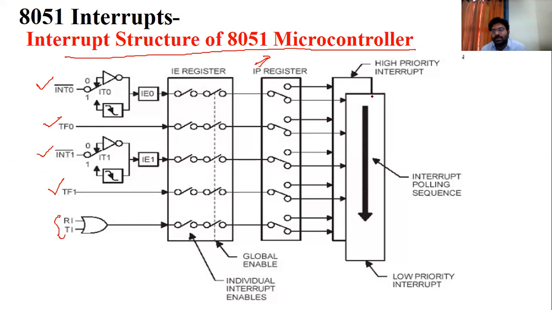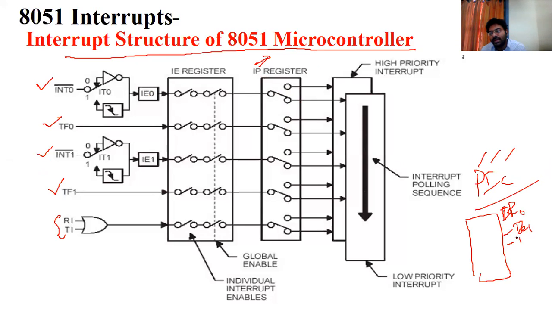Like the PIC controller, you know that PIC controller, the programmable interrupt controller. You have 8 interrupts. IR0 is the highest priority, then IR1, then IR2, and so on up to IR7.